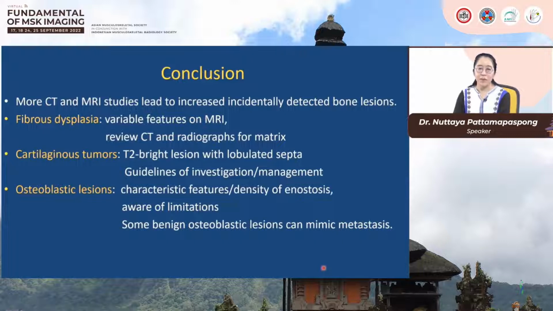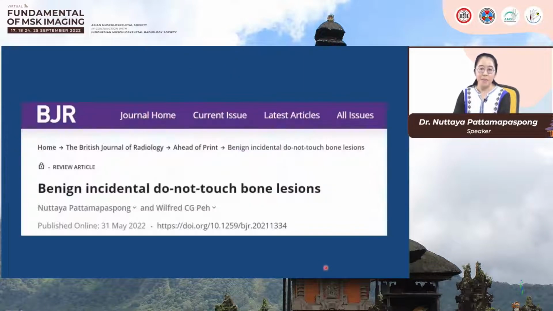We have osteoblastic lesions, which showed how we use CT attenuation to distinguish this lesion from enostosis and call this osteoblastic metastasis. Also, you should be aware of some limitations and other benign osteoblastic lesions that can mimic metastasis. And I hope this talk is useful, and I'm happy to take questions at the end of this session. Thank you for your attention.